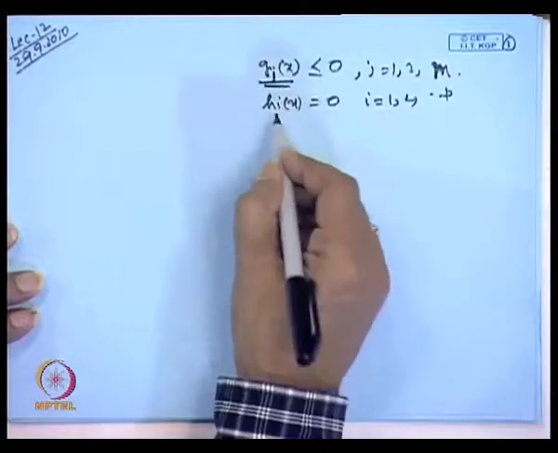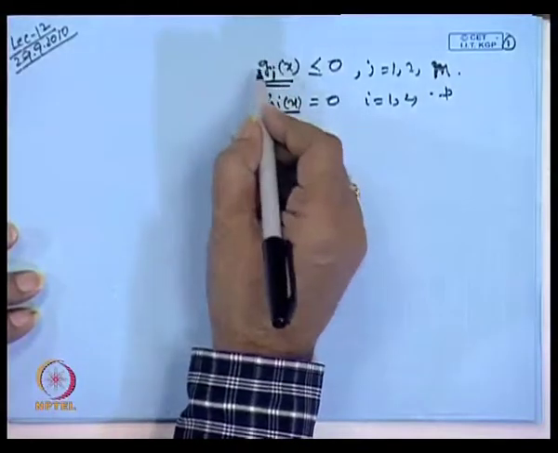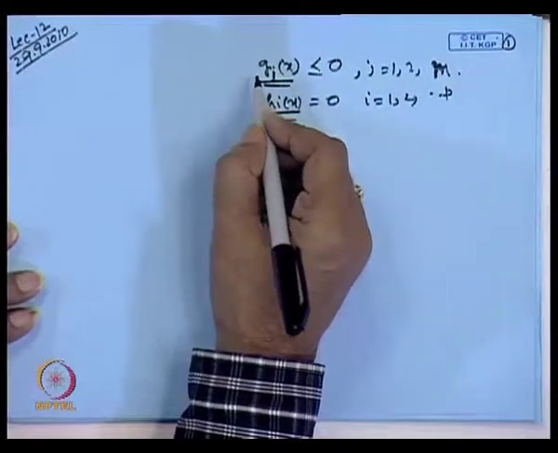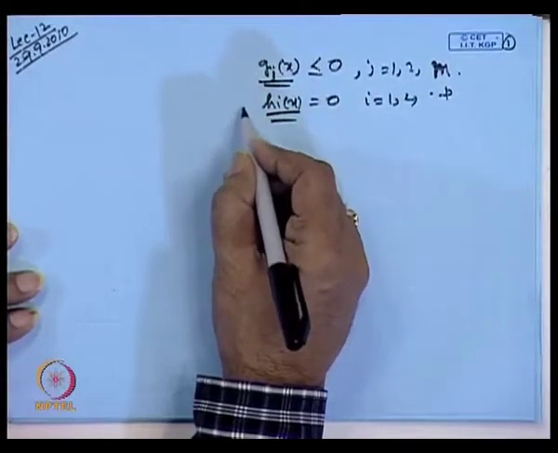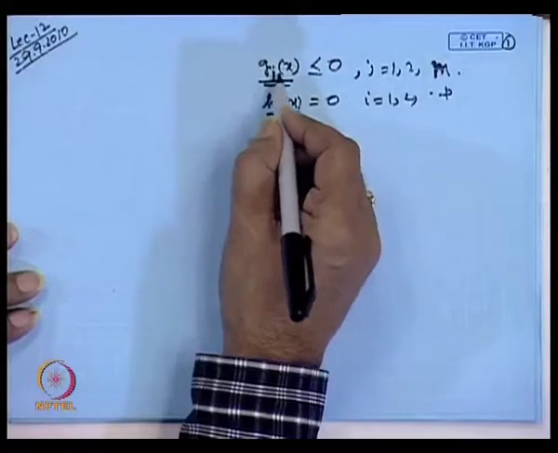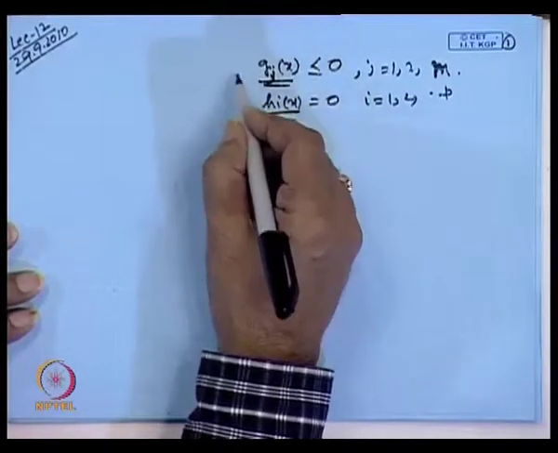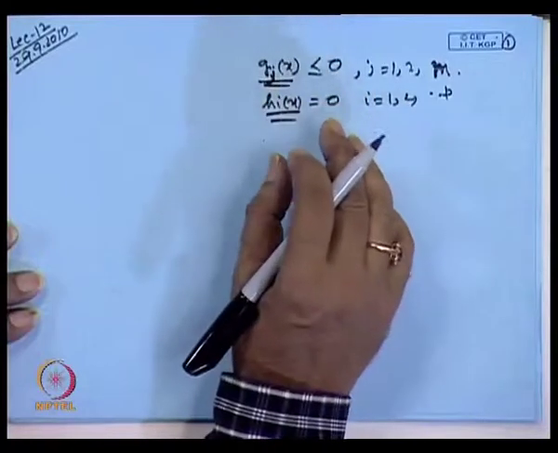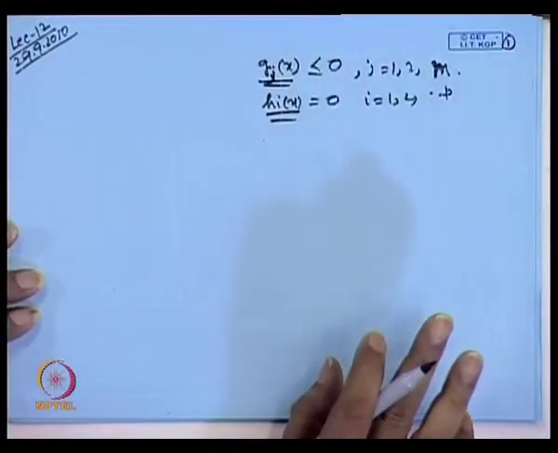We have also studied the effect of cost function scaling on the Lagrange multiplier, and the effect of scaling on the constraints: if you multiply the equality constraint h_i by a scalar and the inequality constraint g_j by a scalar, then what is its effect on the Lagrange multipliers. That we have studied.